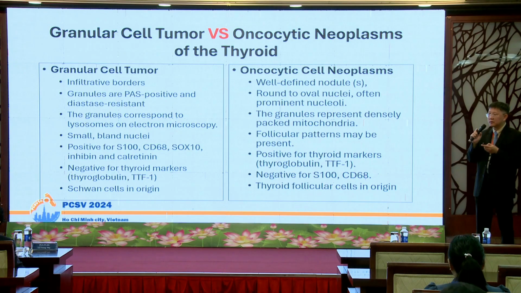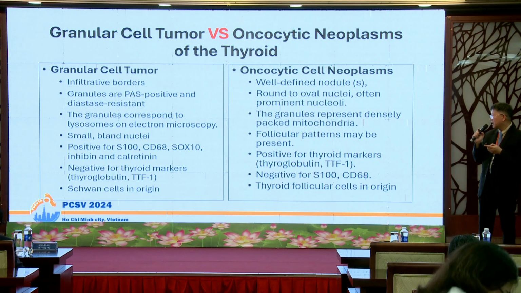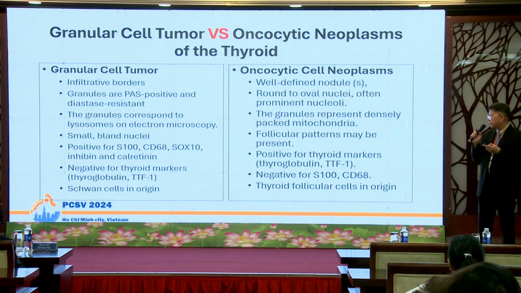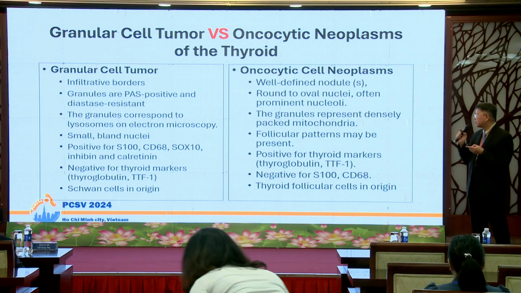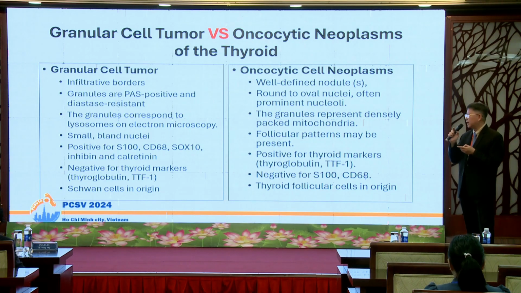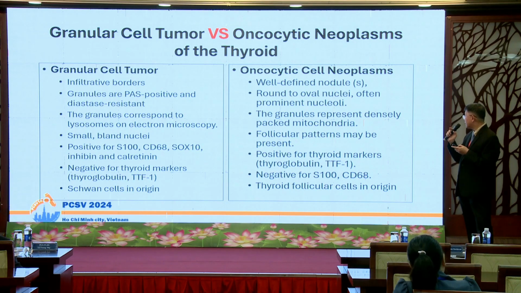Inhibin and calretinin are also positive for this tumor. PAS with diastase resistance is also present in granular cell tumor. These granules come from lysosomes on electron microscope examination, but the granules of the oncocytic cell tumor are from the mitochondria.